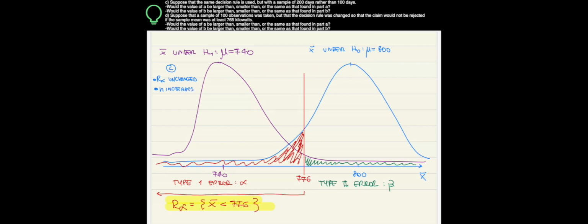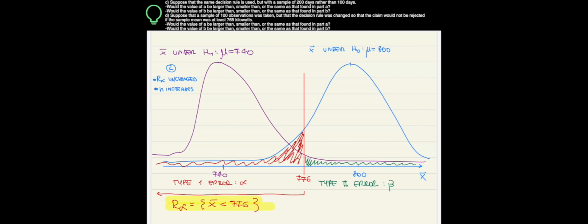The question is, would the value of alpha be larger than, smaller than, or the same as that found in part A? Would the value of beta be larger than, smaller than, or the same as that found in part B? So we are interested in understanding if alpha and beta increase or decrease.